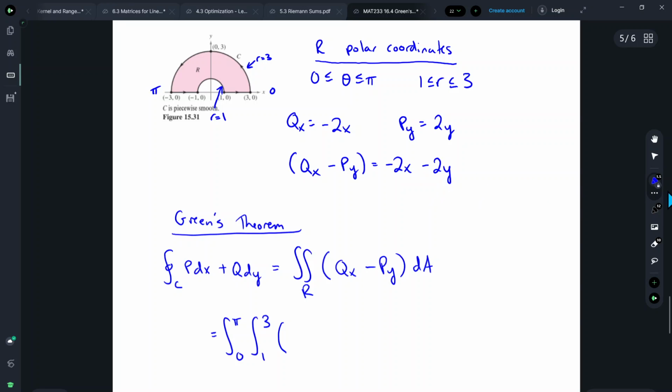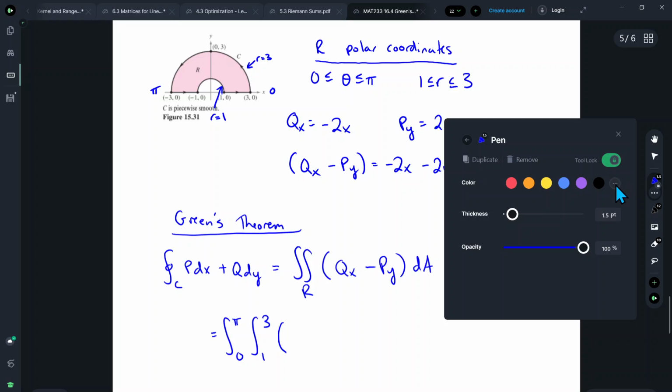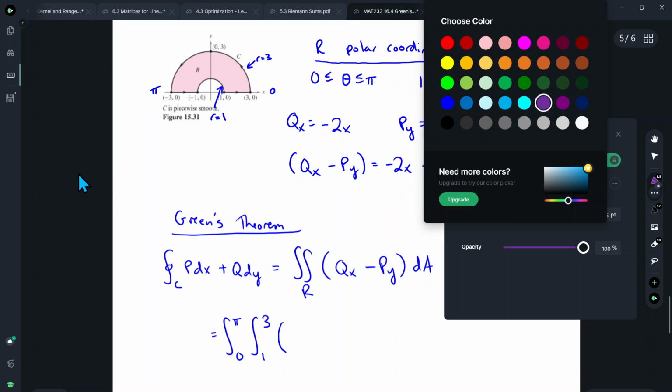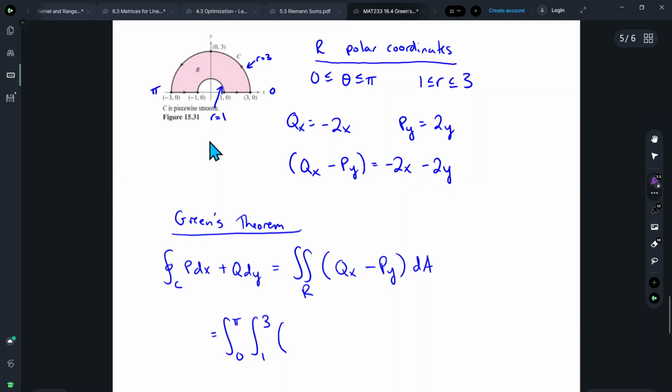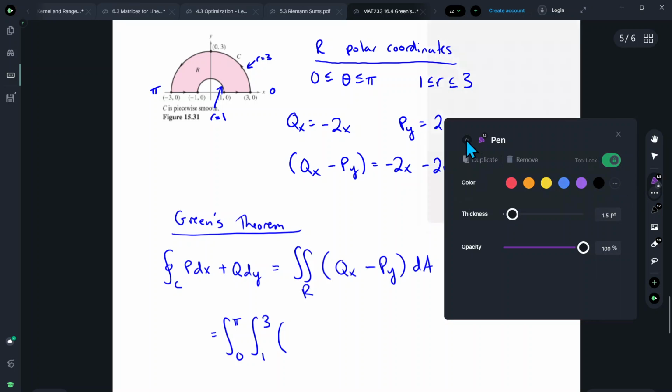But we're working in polar coordinates. So as a reminder again, we have to make a substitution, because we don't want to calculate in terms of x and y. We need to calculate in terms of r and theta. So we have the substitution x equals r cosine theta, y equals r sine theta. That's the substitution for polar coordinates.